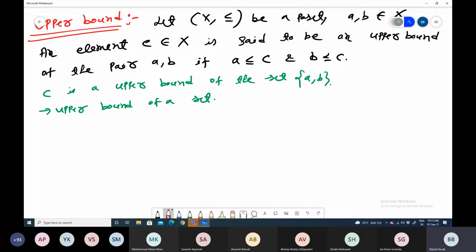And what is the definition of least upper bound? Again, from the name it is clear. It will be an upper bound and it is the least.